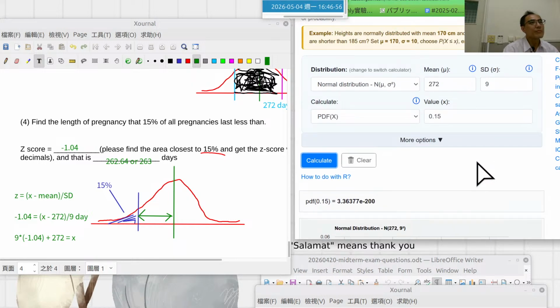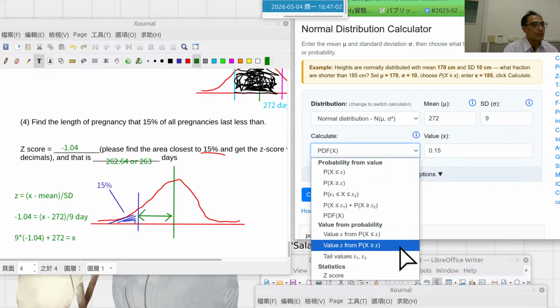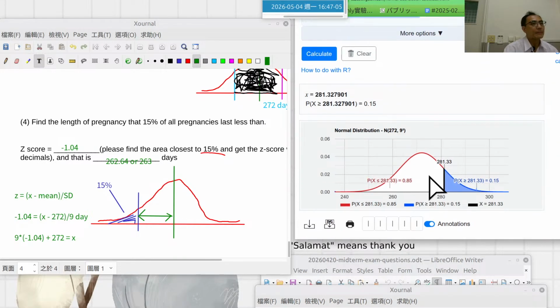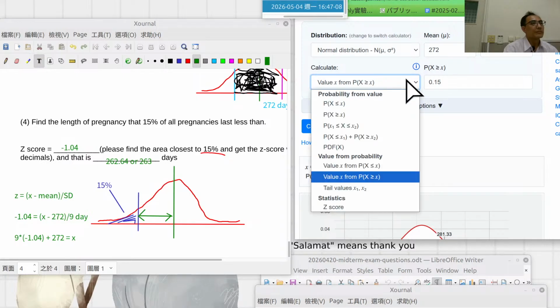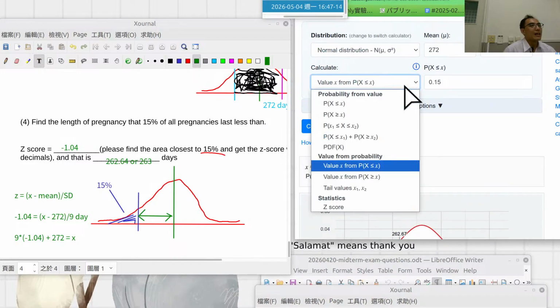Probability from the value, value from the probability, maybe this one. Oh, okay, I got it here. I need to select value from the probability. The probability of this question is 15%. Then I select the value x from the probability, area smaller or equal to x. The area probability is 0.15, or we can call it 15%.